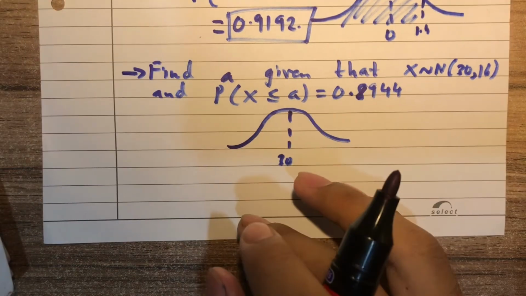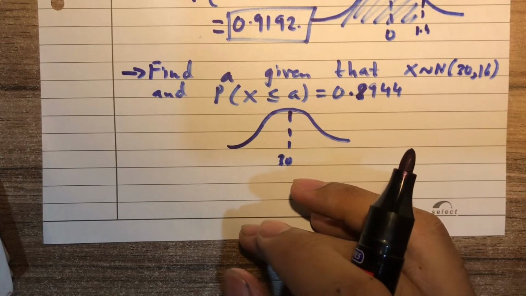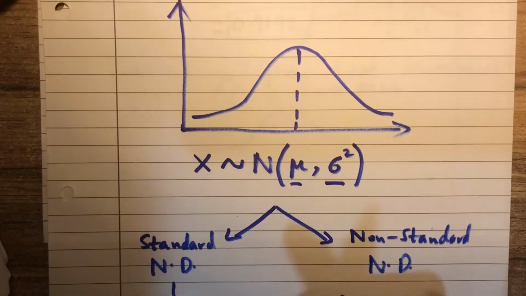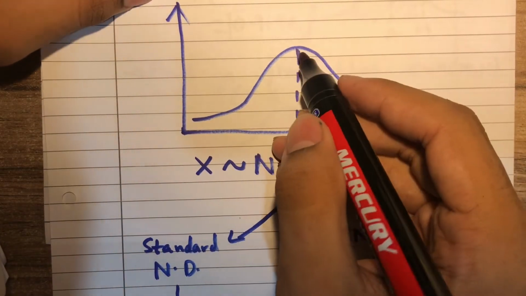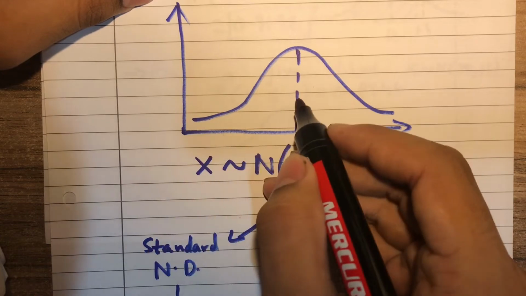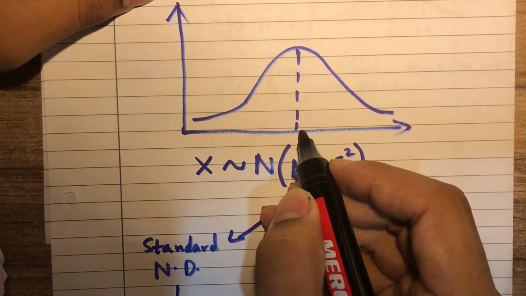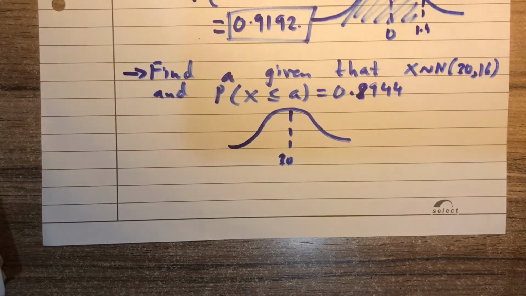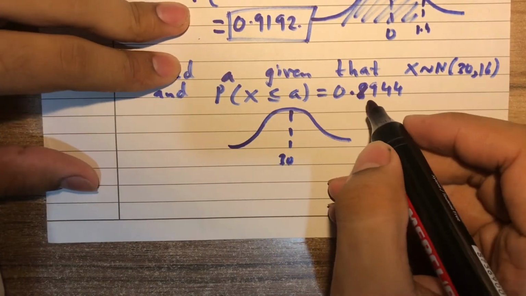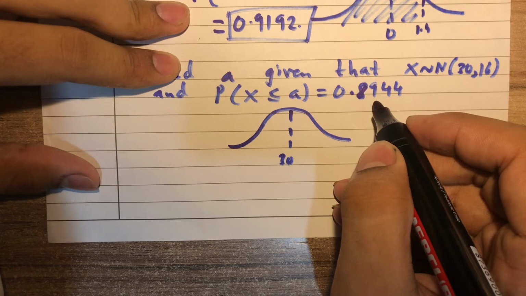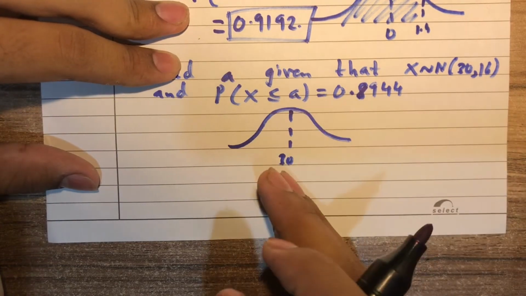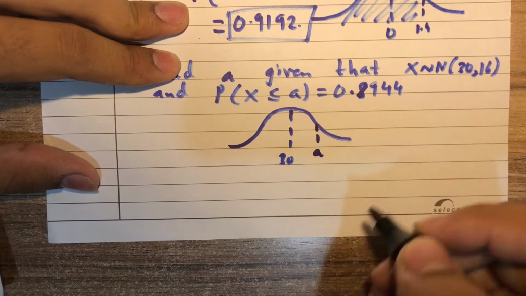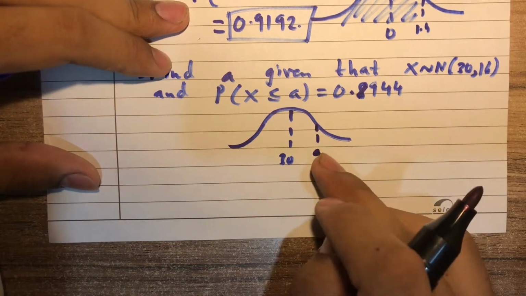Now one thing to mention over here, in this curve, because it's symmetric, the probability till the mean is 0.5 and the probability after the mean is 0.5, right? So because the probability is greater than 0.5, that means that A is towards the right of the mean. So A might be somewhere over here. Now we have to find the value of A.